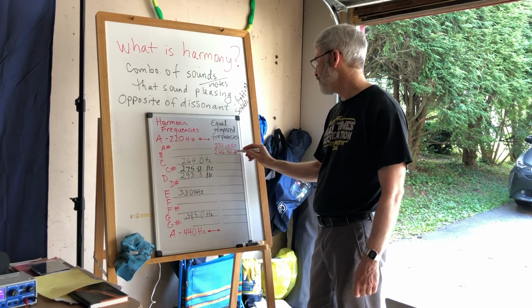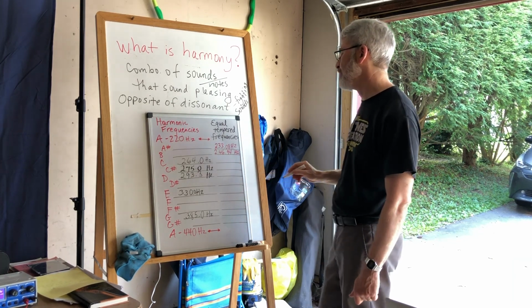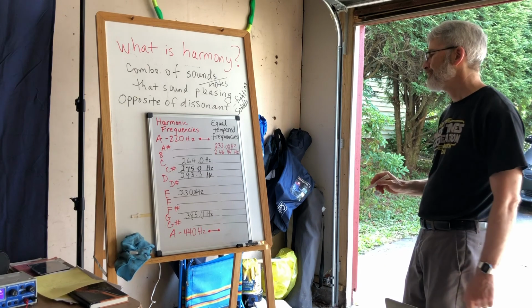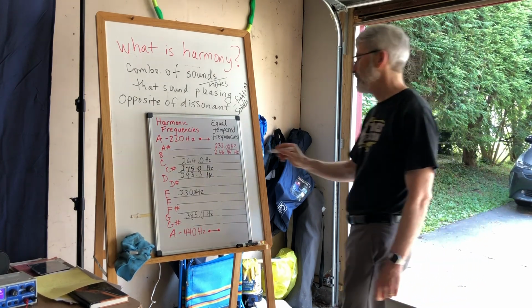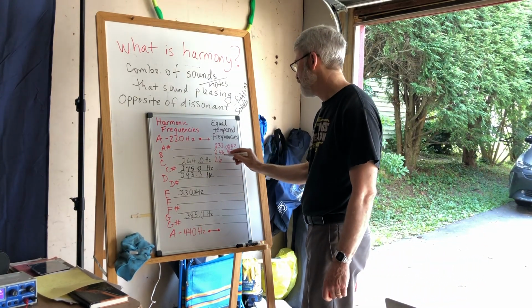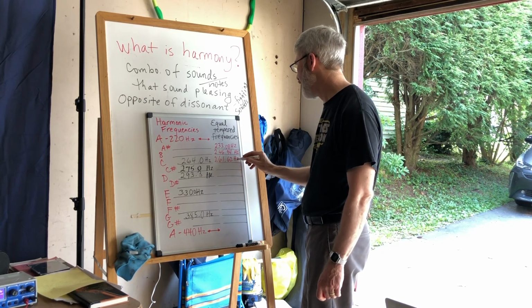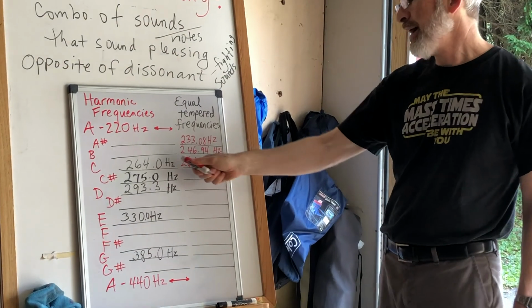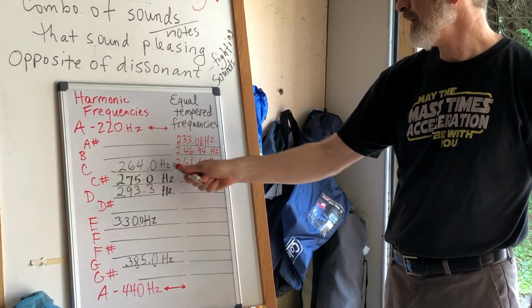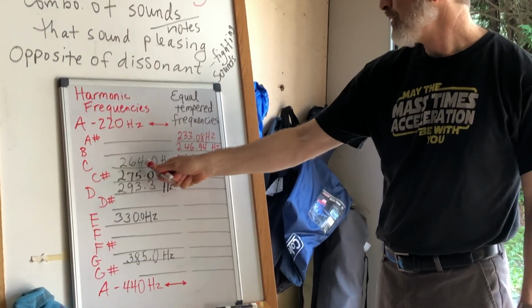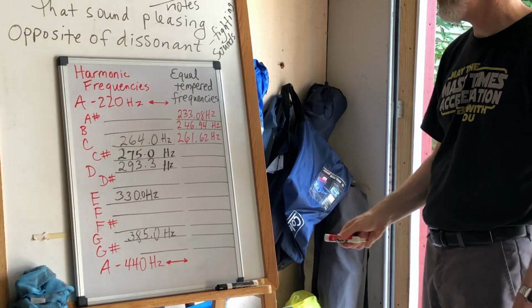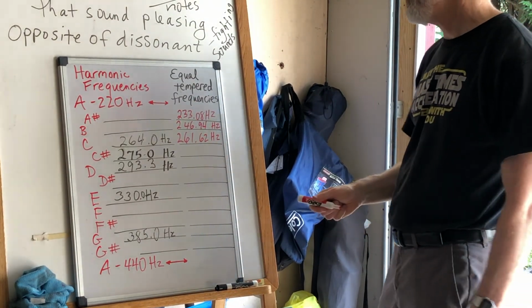Great. Do it again, and we should have our minor third pitch. This one's 261.62 hertz. All right, now I just wanted to pause for a moment. Take a look. We are not very close to the harmonic pitch for the minor third, are we? No. Okay, let's do it again and see how about the major third?